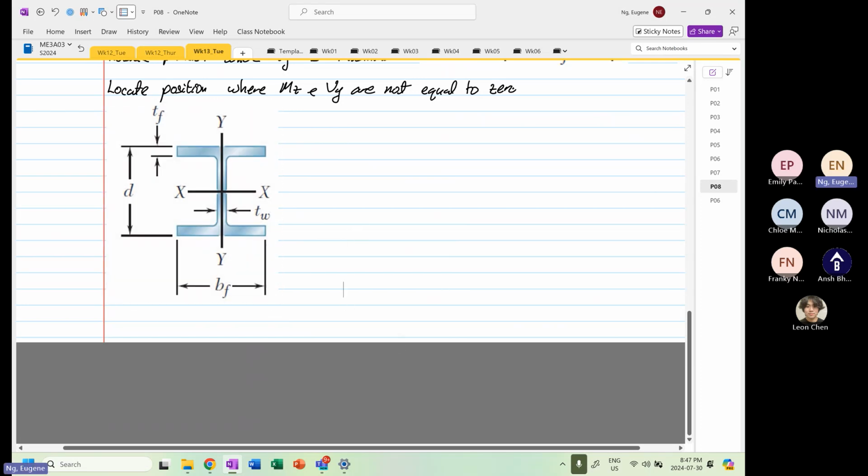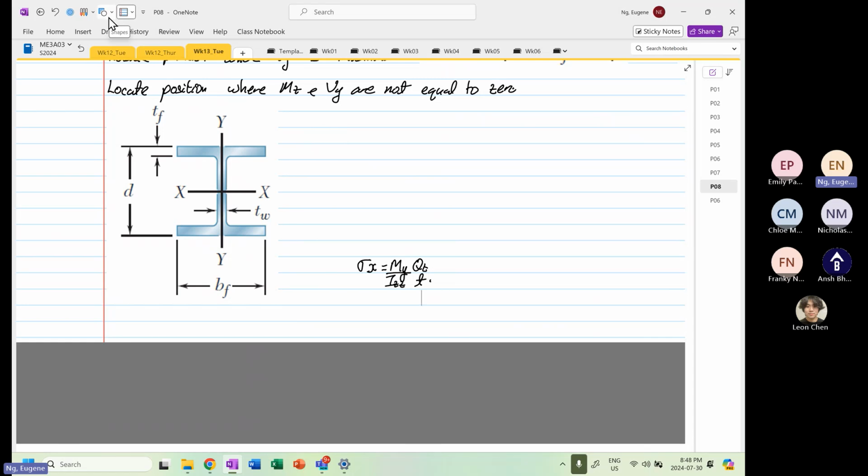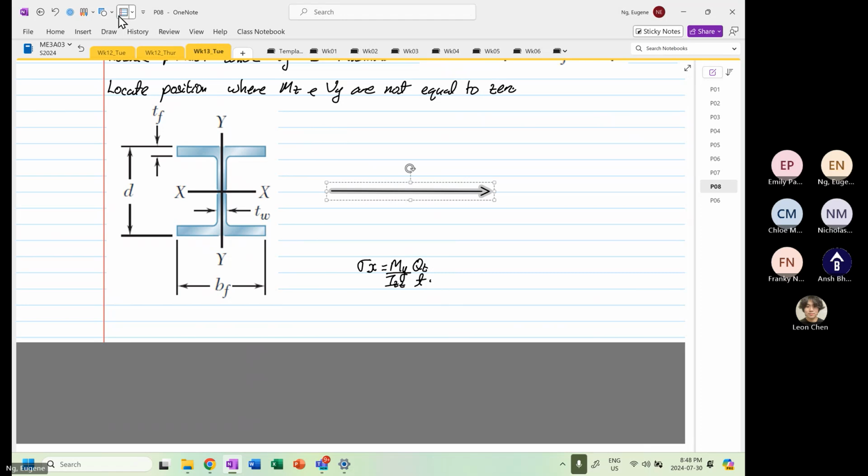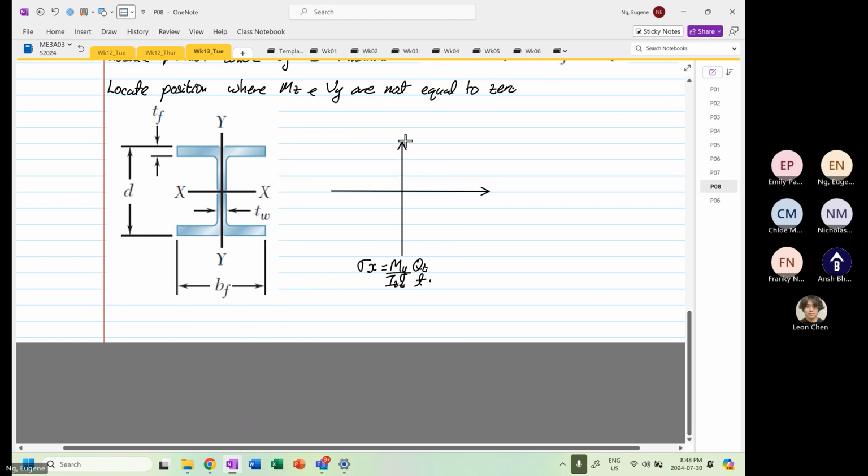So first of all, let's focus on where stress X is equal to My over Izz Qz divided by T, right? So if we were to now sketch the distribution, so this is our normal stress in the X direction.